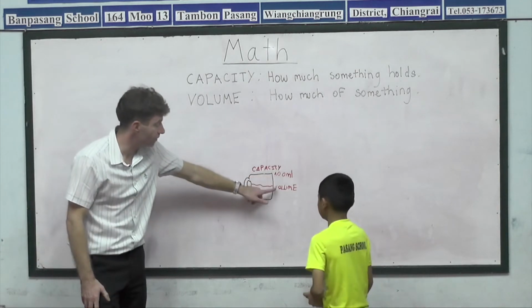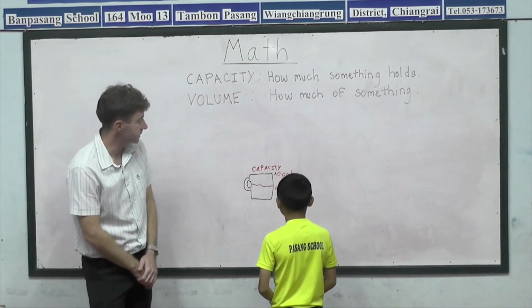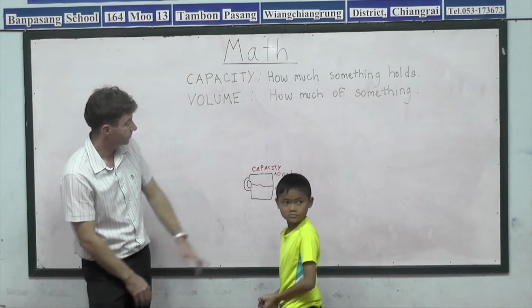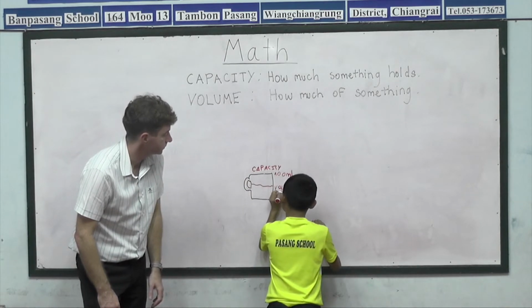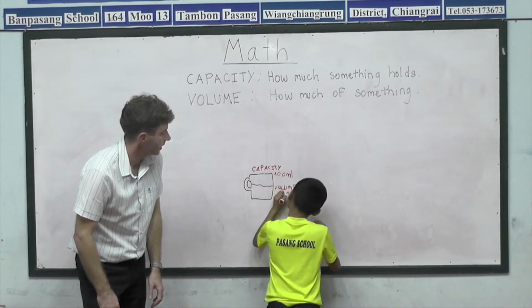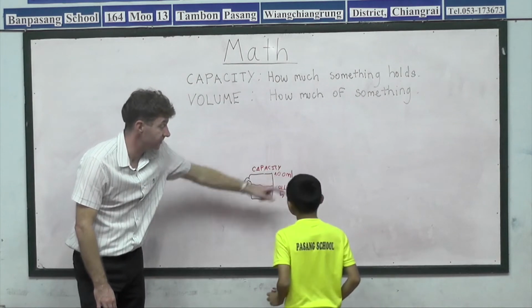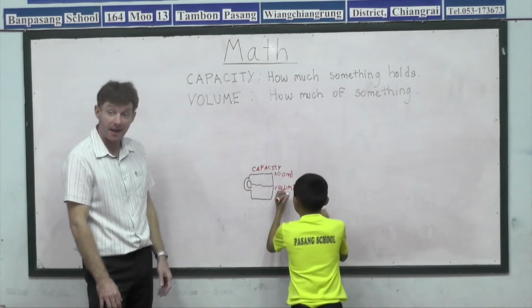So you need to write 5, 0, 5, 0. And then, not forgetting, ml.